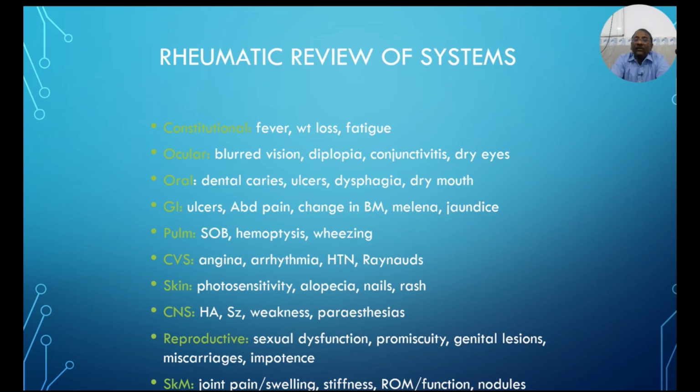So you have the dry mouth, you have the dry eyes. In that way we can identify that disease. And gastrointestinal, you have ulcers, abdominal pain, change in bowel movements, melena, jaundice. Then pulmonary, cardiovascular, dermatological, neurological, reproductive. So these are the different symptoms we often see in a systemic disease or any disease of polyarthritis.